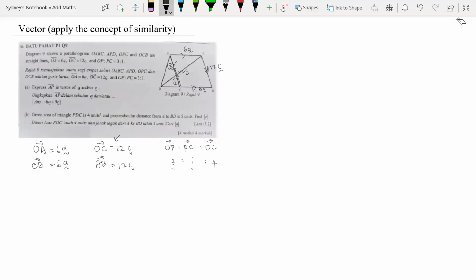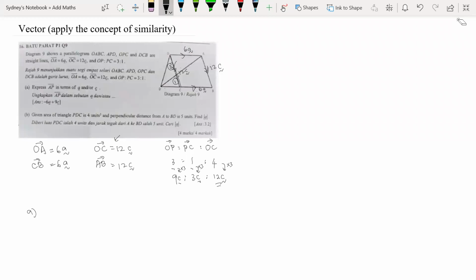From O to C, we know that it's 12c. So based on the ratio and proportion, this is 3c and this is 9c, because 4 times what gives us 12? Times 3. So everything must be times 3. So we got a lot of additional information.